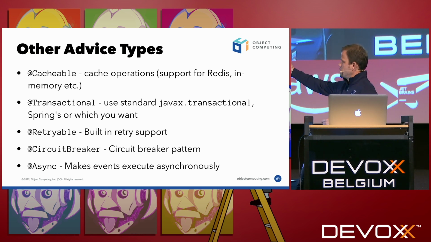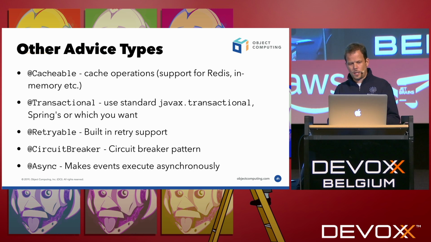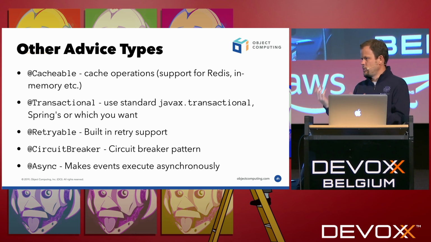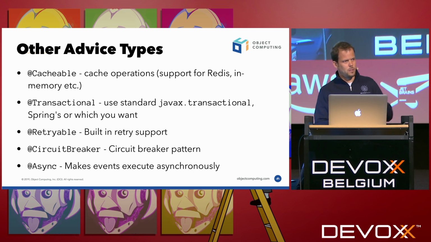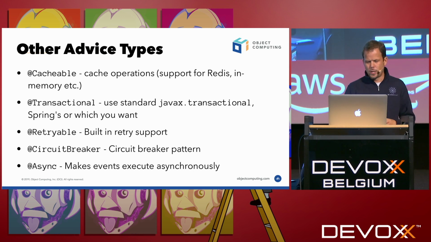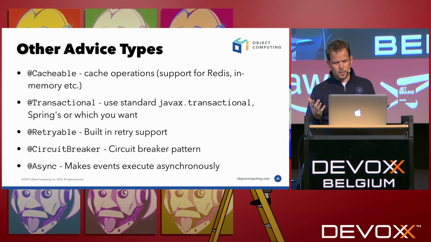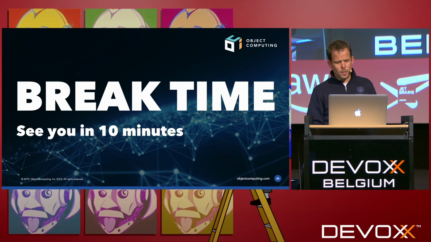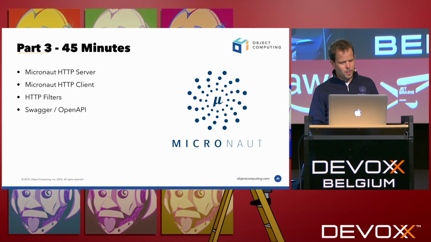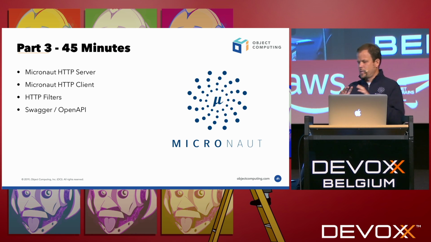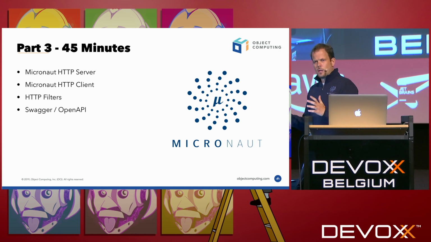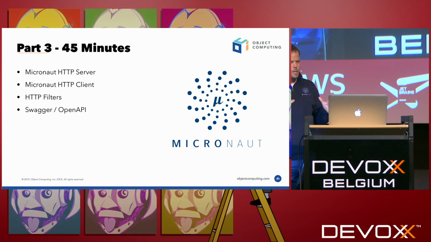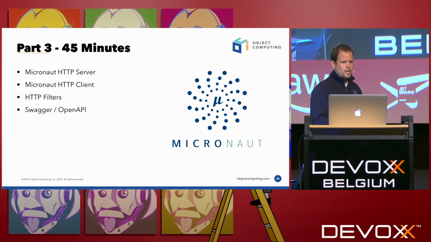You saw me demonstrate there @Async, which is another usage of Micronaut AOP, which invokes the method running the operation on a completely different thread. Break time has already happened. So with that, I think I've more or less covered the core DI, AOP, and parts of Micronaut that make it tick.